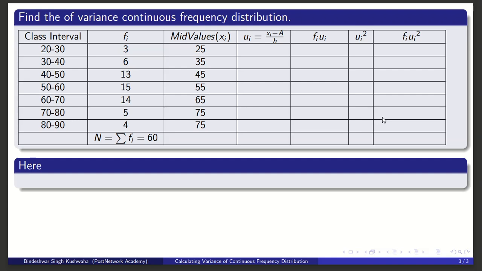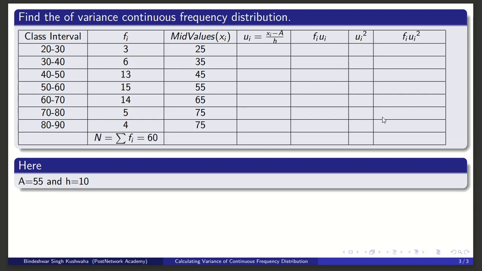The same way ui, you will subtract assumed mean from mid values and you will divide it by h. So here assumed mean is 55 and h is 10. So first value you will get by subtracting 55 from 25 and dividing it by 10.